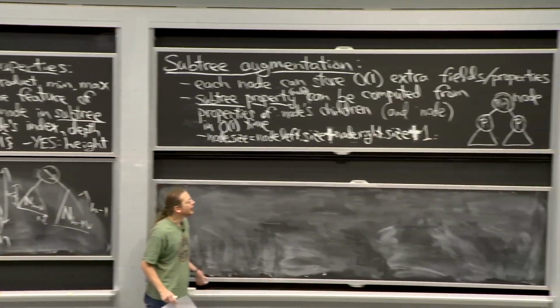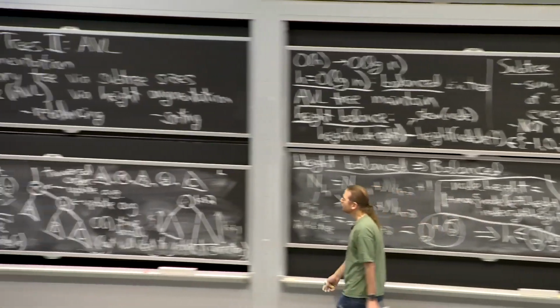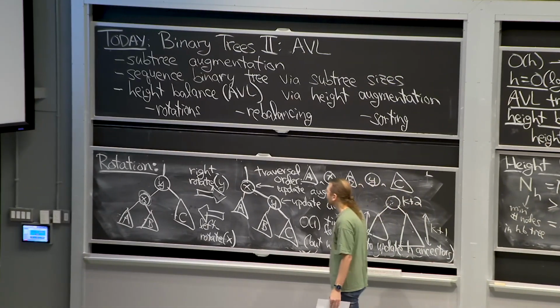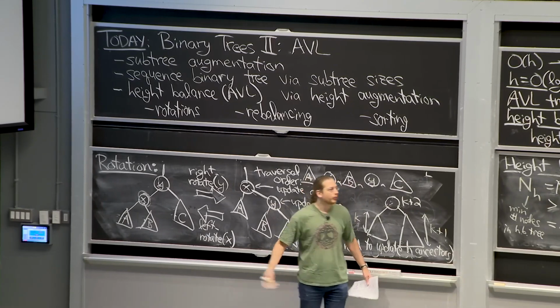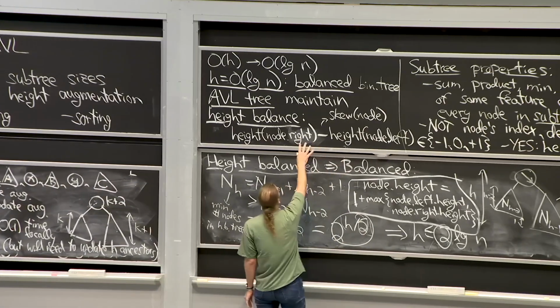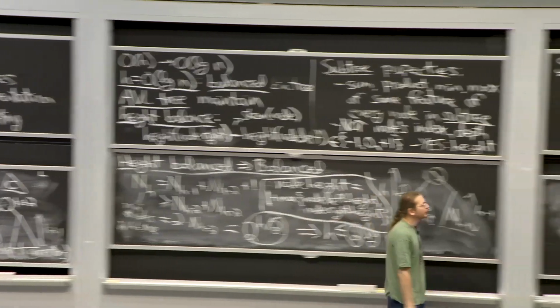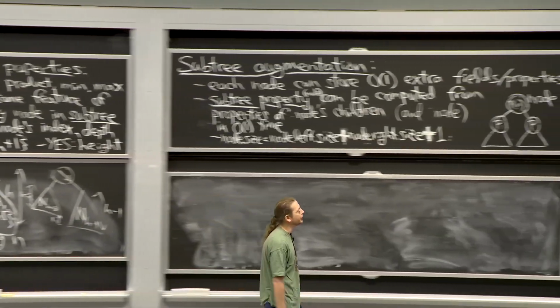All right, so great. Now we have the height of all the nodes. We can compute the skew of all the nodes. Cool. We have this rotation operation, and we want to maintain this height balance property. Height of left and right of every node differs by plus or minus 1 or 0.